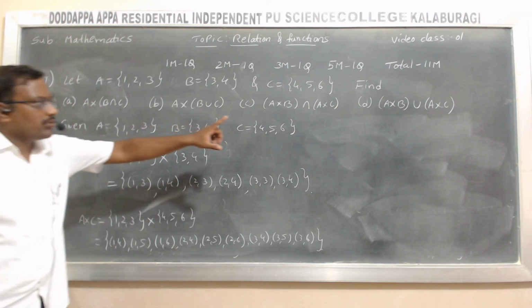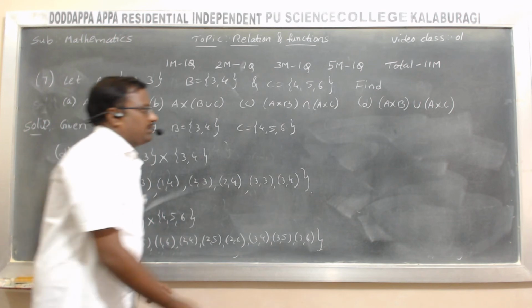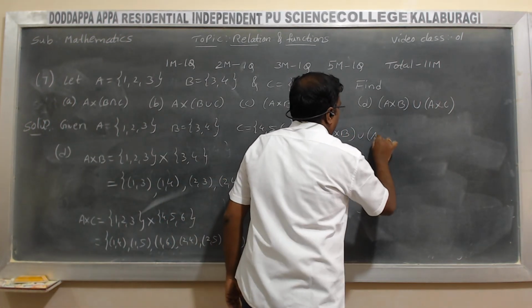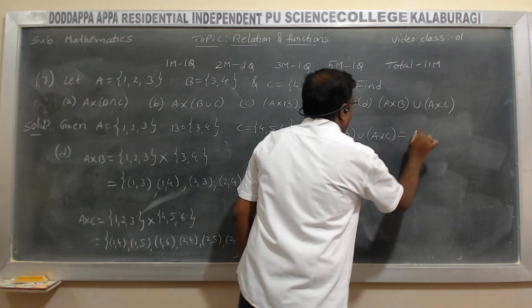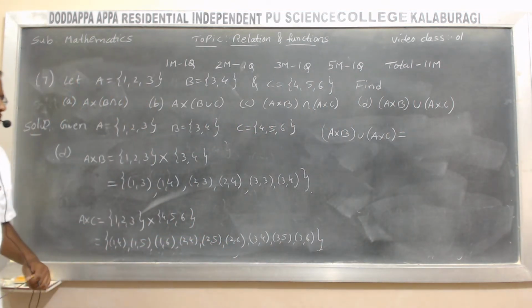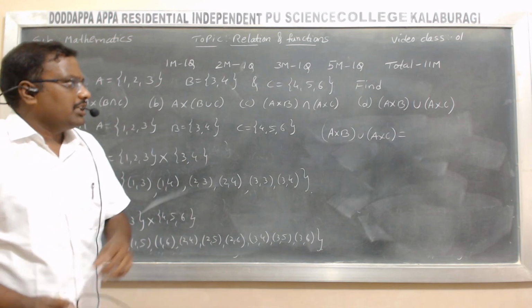Next you have to find these two unions, that is A cross B union A cross C. Already we found A cross B and A cross C. Union means, in the given two sets, you write all the elements in one set.